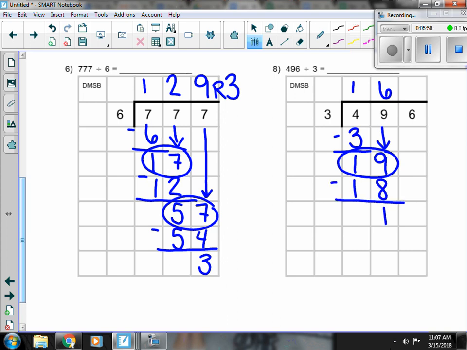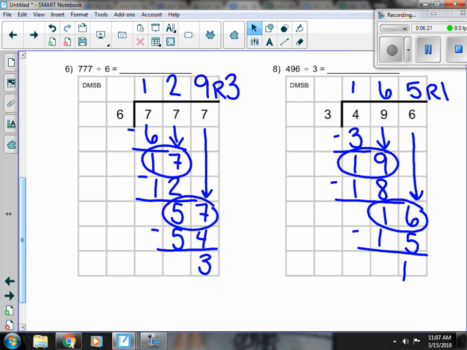Subtract and get 1. And then I bring down my 6, and I do it one more time with my new number. 3 goes into 16 5 times. And 5 times 3 was 15. And then I subtract, and in this case I also have a remainder of 1. So 165 with a remainder of 1.